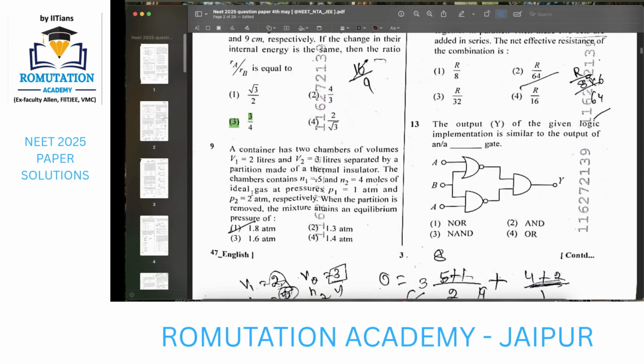Okay, so in this case, once we allow, and it was a thermal insulator initially, right? But once they will mix, so definitely what will happen? There will be an exchange of all the kind of energies, the things will be mixing up. So what basic formula can we apply, right?